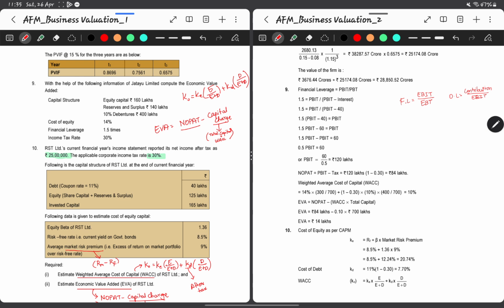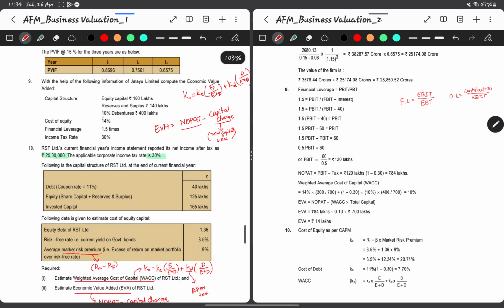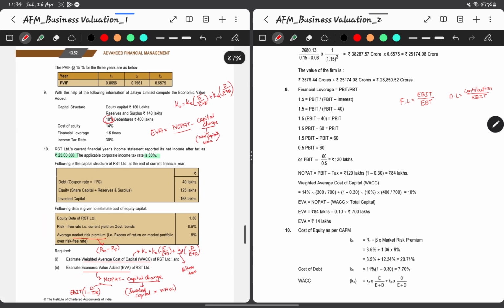Cost of debt we have to calculate. They've given 10%. If we adjust tax in that, we'll get that KD, and then we know that the debt portion is 400 and the equity portion is 160 plus 140, nothing but 300.